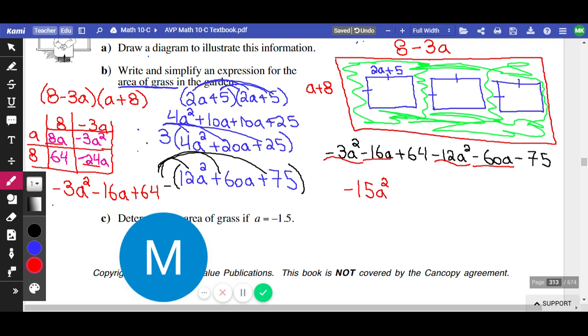Again, let your calculator do the work with the negatives if you're not confident with it. So negative 16 minus 60 gives me negative 76a. And then 64 minus 75 gives me negative 11. This is the area of my grassy area region.